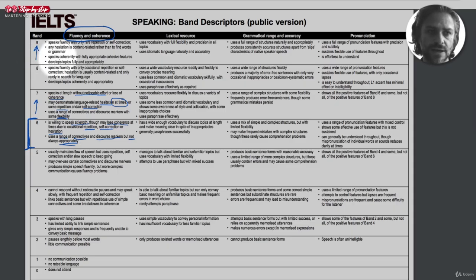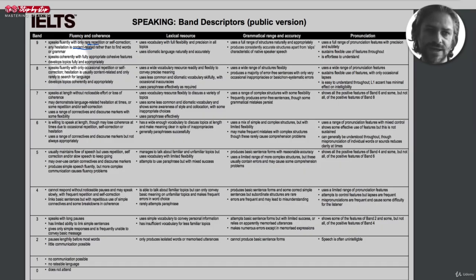When you're at a 9, you can speak fluently with only a little bit of repetition and self-correction. Any hesitation is content related rather than grammar or word related. So you might have hesitation because you're talking about a very difficult topic, but it's not because you don't speak English well. It's because you can't think of what to say for that topic.